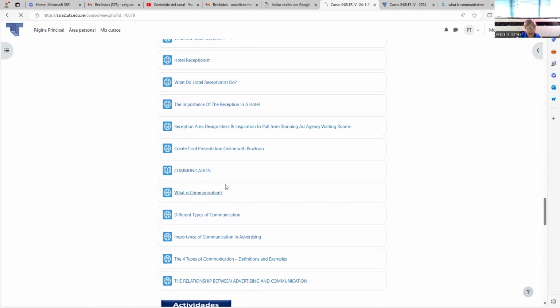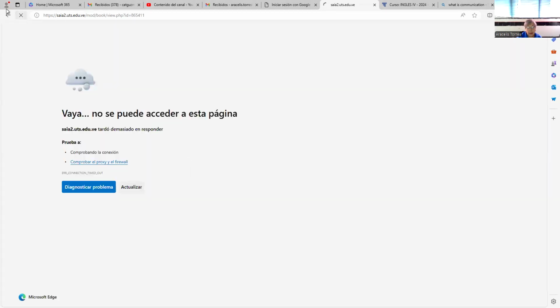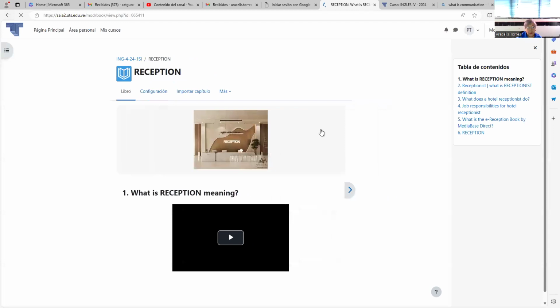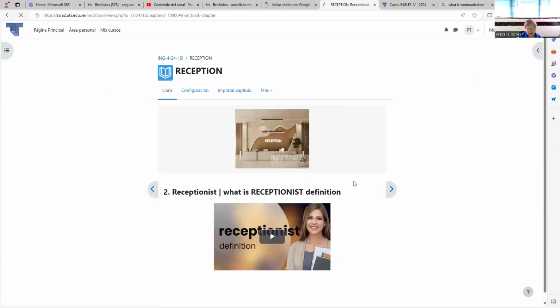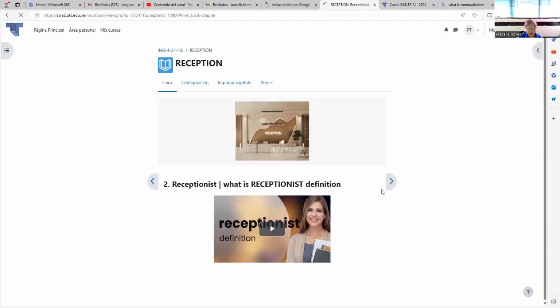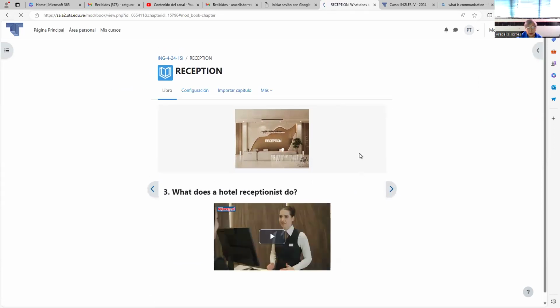And here is the book that has all kinds of videos about reception. You can see it calmly and know the types of reception, and who is the person who has to attend the visitors.